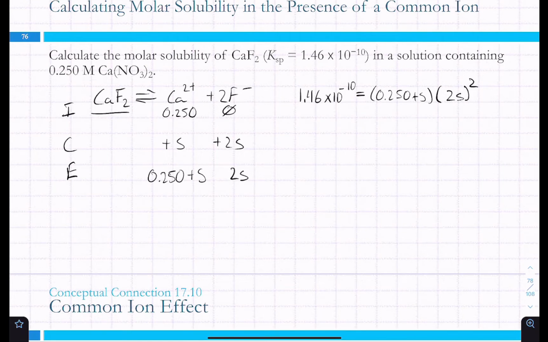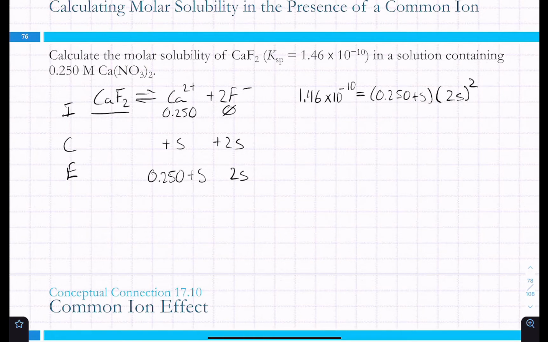You might be thinking, oh no, we have to do another quadratic equation. But in those weak acid problems, if there's already H3O+ in the solution, or if there are already calcium ions in solution, and our Ksp here is really small, times 10 to the negative 10, what do you think that's going to do to S? Is this S plus S changing the 0.25?